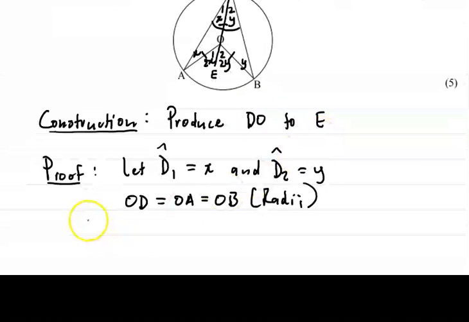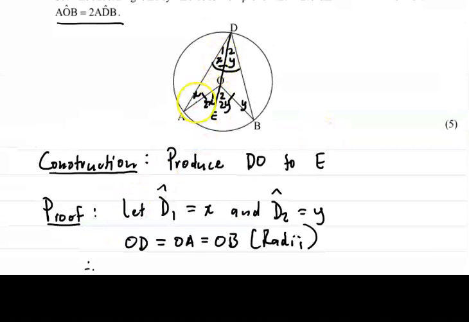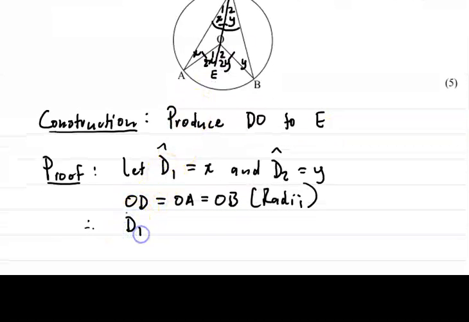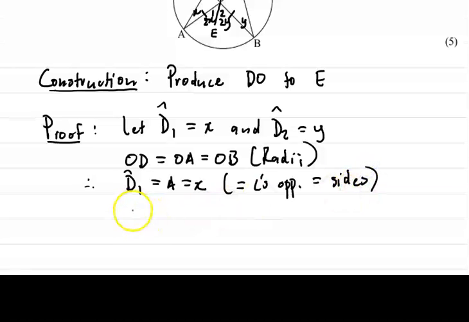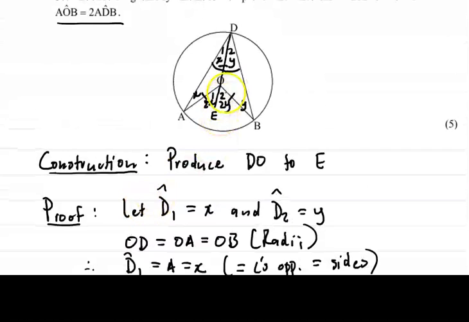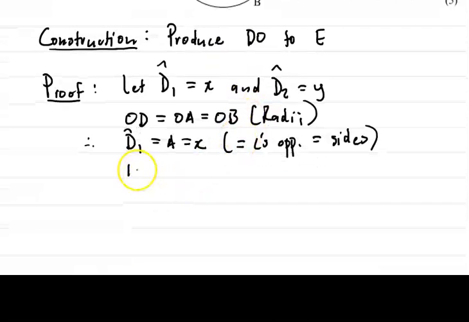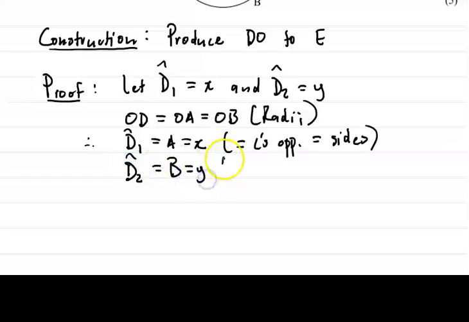Therefore, D1 equals A equals X, equal angles opposite equal sides. Similarly, D2 equals B equals Y, equal angles opposite equal sides.